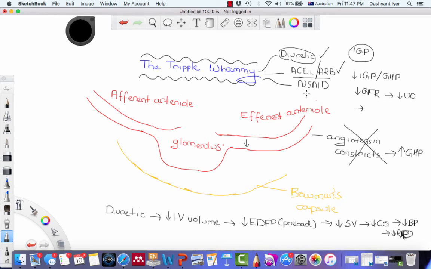Now, NSAIDs, what they do is they reduce the secretion of prostaglandins. Now, prostaglandins are actually responsible for dilating the afferent arteriole.